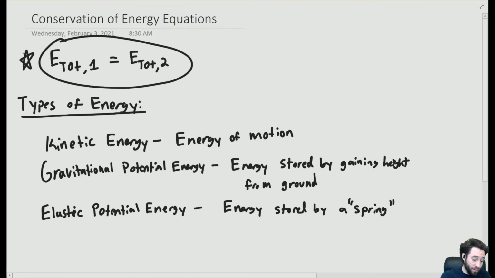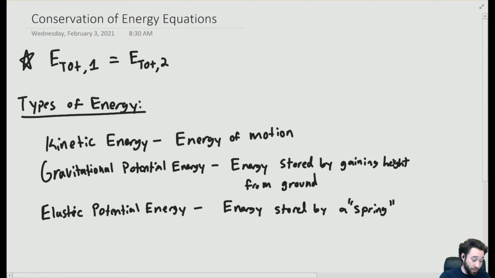And what we're going to do is talk about what the total amount of energy is composed of. So all it is, is I add up all of these types of energy together. So my kinetic plus my gravitational plus my elastic. That's all it is.